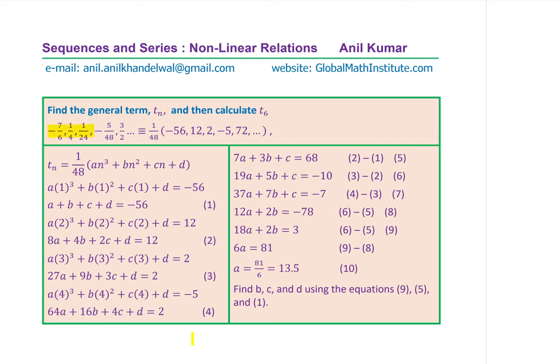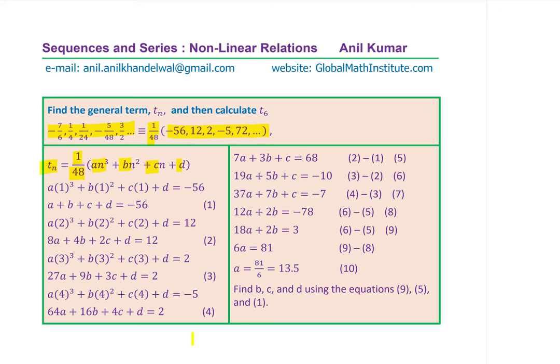We have the given series which we have written as 1 over 48 times the terms within the bracket minus 56, 12, 2, minus 5, 72, and so on. We now know that the general term will be 1 over 48 times an cube plus bn square plus cn plus d, right? Now, there are four unknowns. Since there are four unknowns, we do have to have four equations, right?